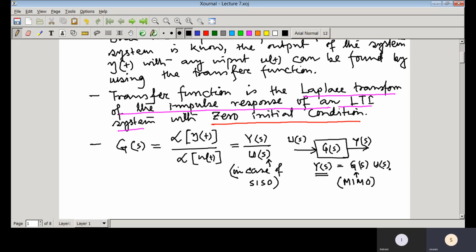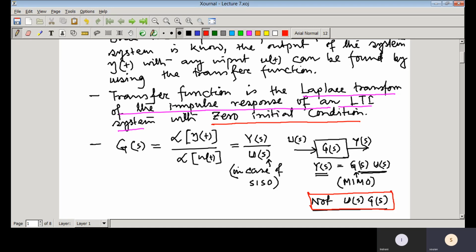And here you should be careful whenever you write the system dynamics in the transfer function modeling framework. Then you should write Y(s) equal to G(s) into U(s), not U(s) into G(s).